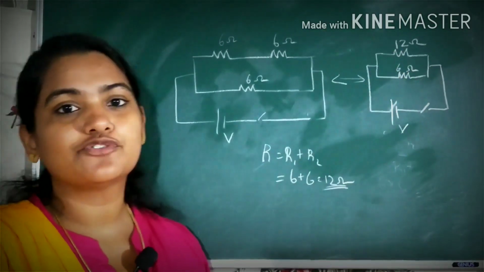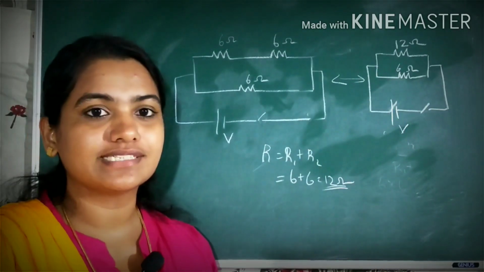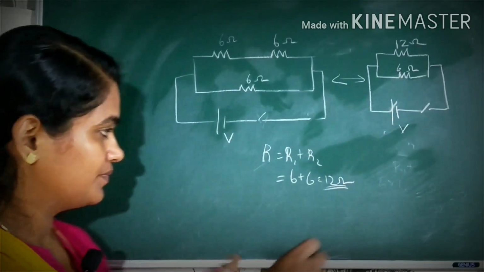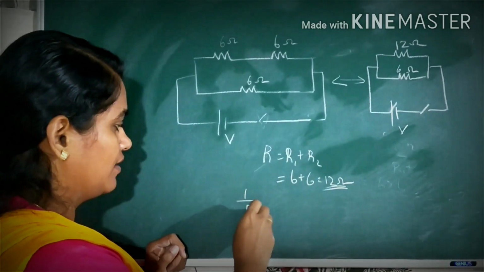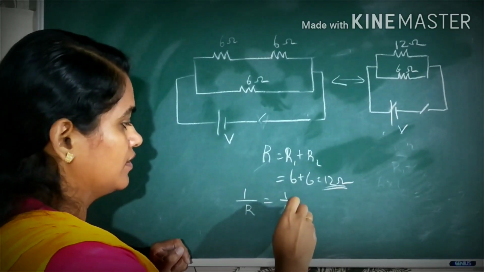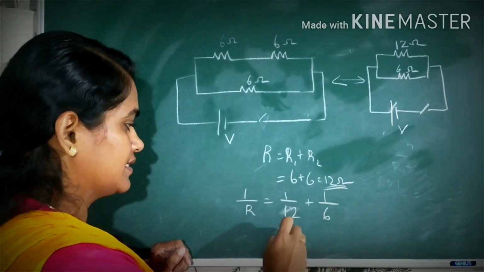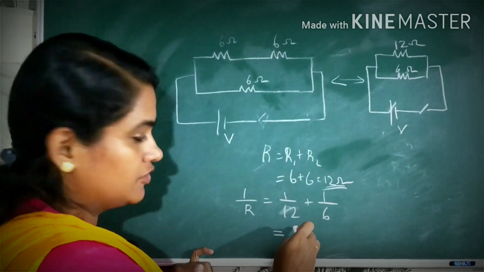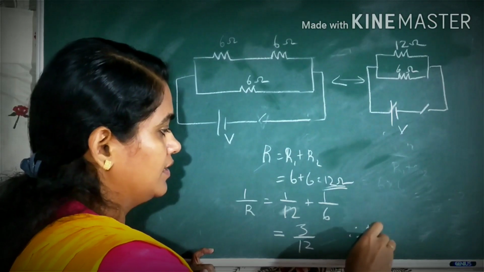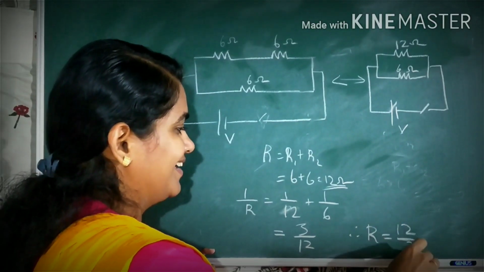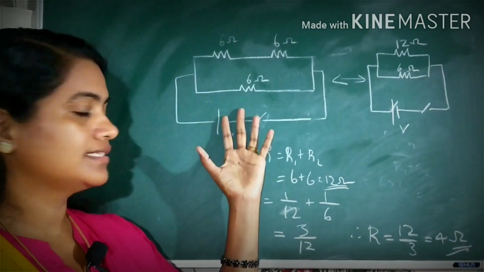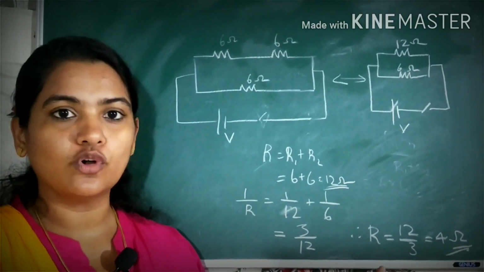So now this 12 ohm resistor and 6 ohm resistor are in parallel. Now, find the effective resistance of those two. That is 1 by R is equal to 1 by 12 plus 1 by 6, that we get as 3 by 12. Therefore, R is equal to 12 by 3, that is 4 ohm. So the effective resistance of this entire circuit is 4 ohm.